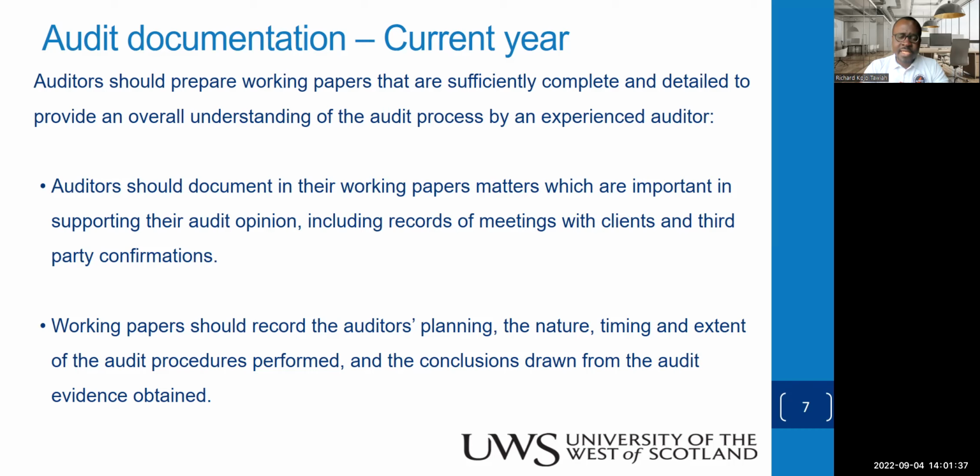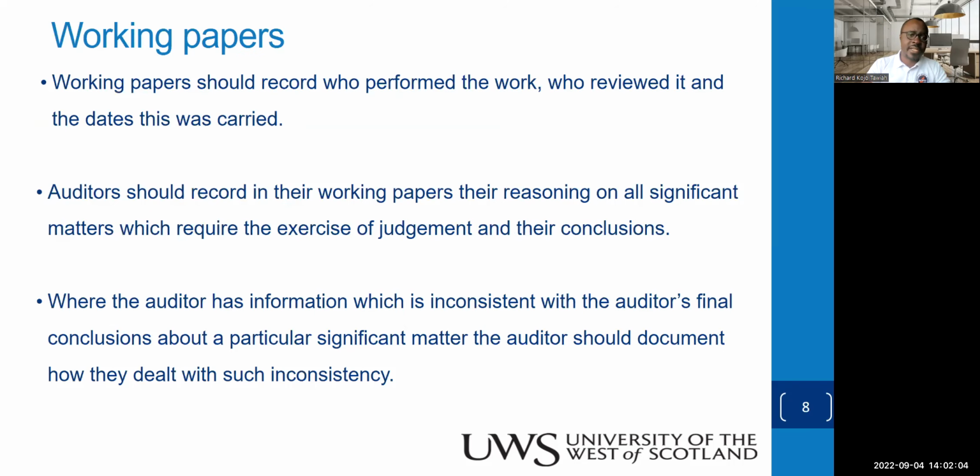And in these, try to at least state the planning of the work, the nature of the work you have done, the timing and the scoping of the work you have done, and the extent of the audit procedures you applied. Once you have the objectives, you must always have a conclusion drawn to show that, based on this ABCD done, I then derive conclusions X, Y, Z.